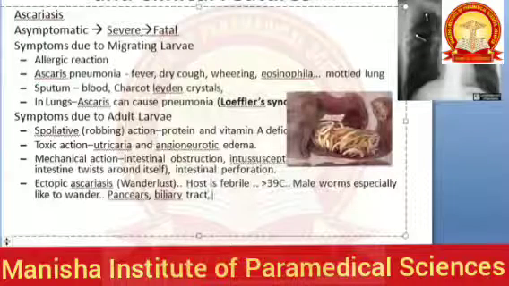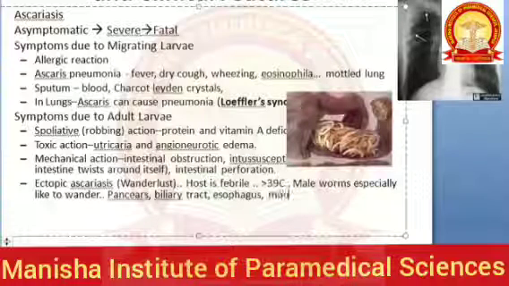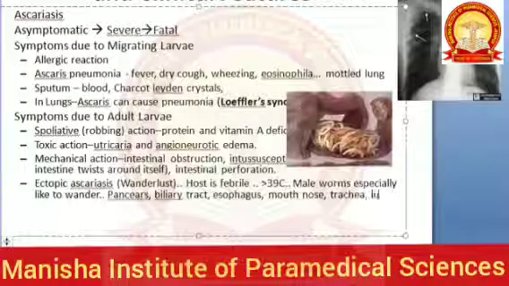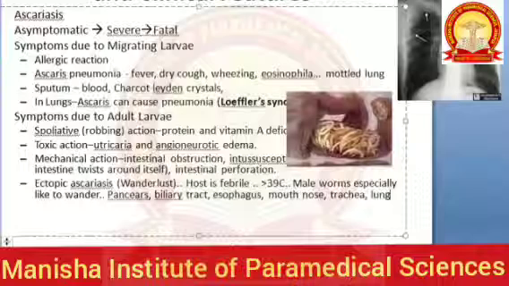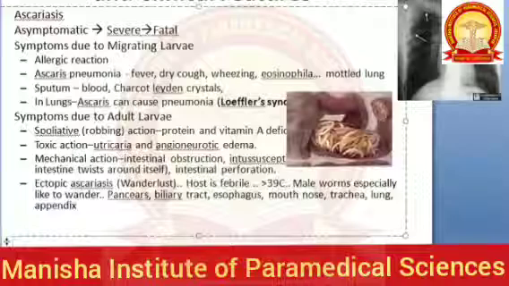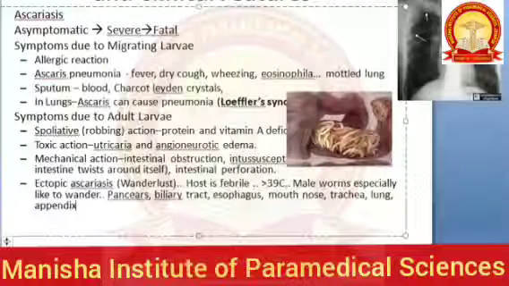Then they move to the esophagus. They can come out through the nose or mouth. Yuck. They go to the trachea, the lung and the appendix. They cause obstructive appendicitis. It may lead to peritonitis when a worm perforates the intestine.